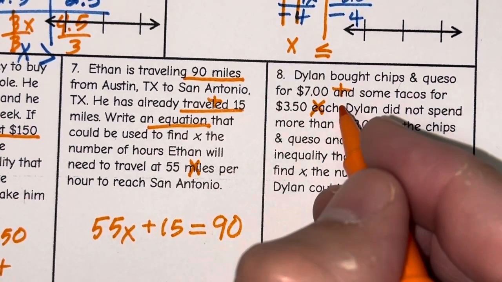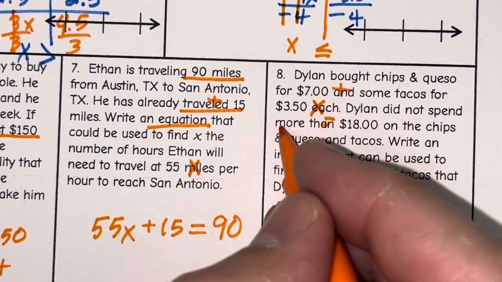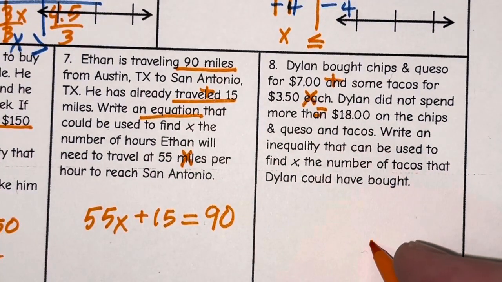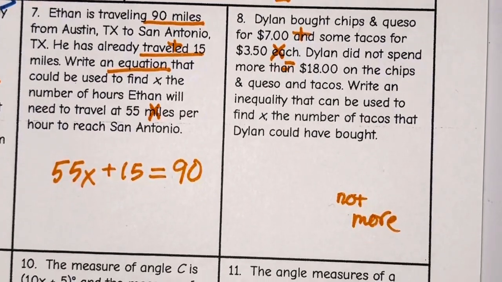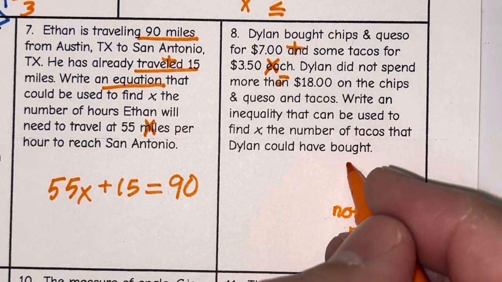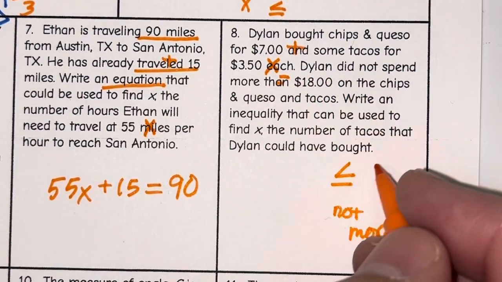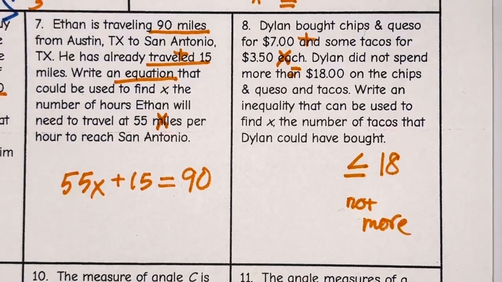Each is x, and all of that is going to be not more than. If it's not more than, then it's going to be less than or equal to 18.